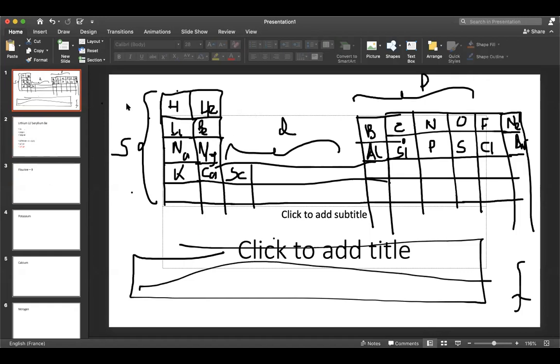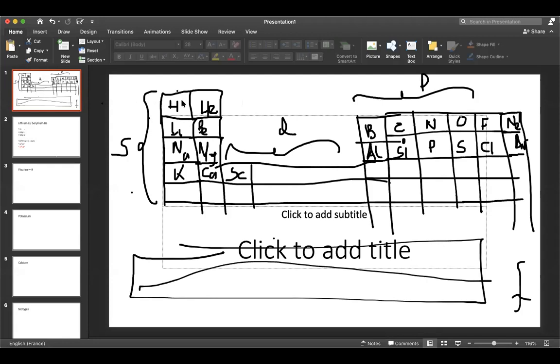So in the first period, we are going to have 1s. In other words, these blocks that you're seeing, the S and the P, also denote the energy levels. Helium and hydrogen are found in the first shell.